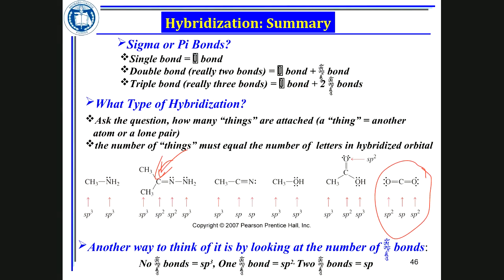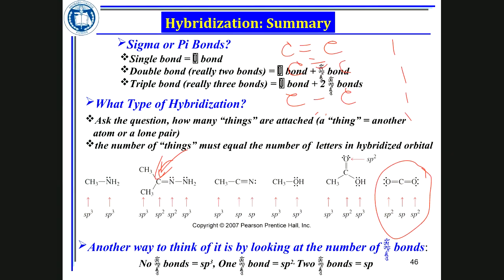One double bond. Okay, one double bond. If carbon carries one double bond, it is sp2 hybridization. But in general, if you were trying to find it, you are going to count the electron domain. Remember, electron domain. If you have 3 electron domains, it is going to be sp2 hybridization. For electron domains, a CC double bond counts as 1, a CC triple bond counts as 1, a CC single bond counts as 1, and a pair of unshared electrons counts as 1.